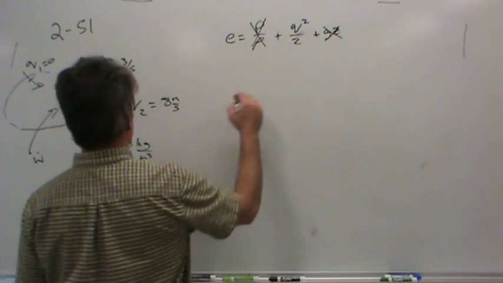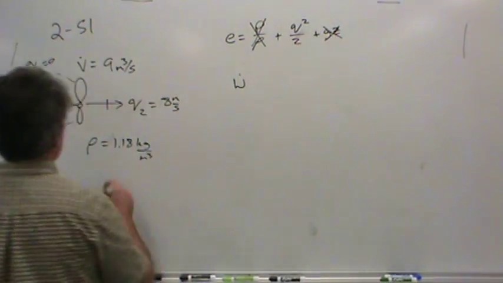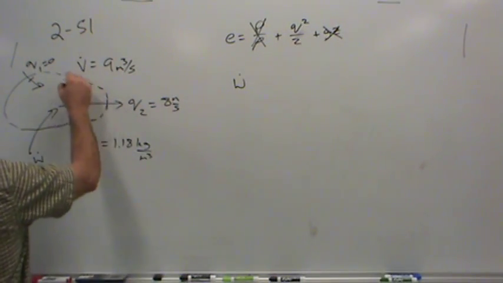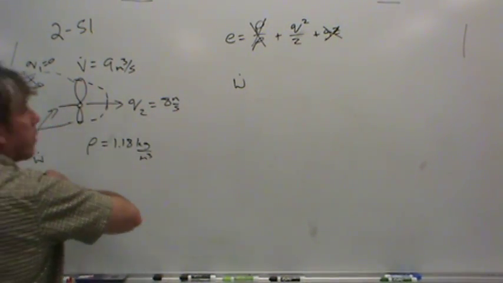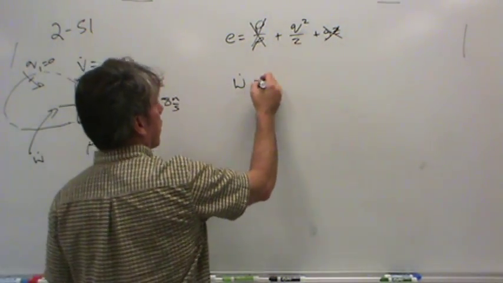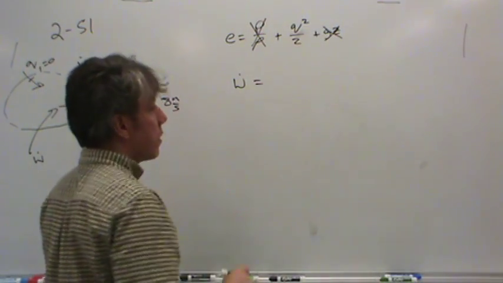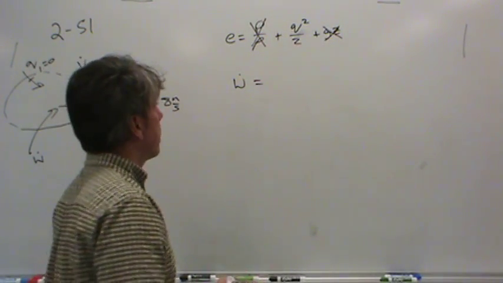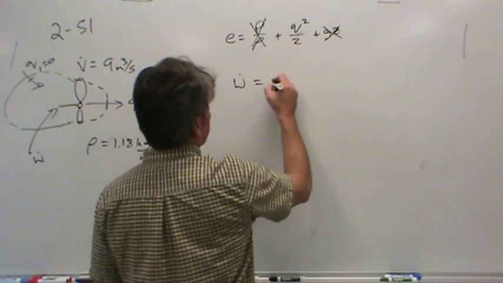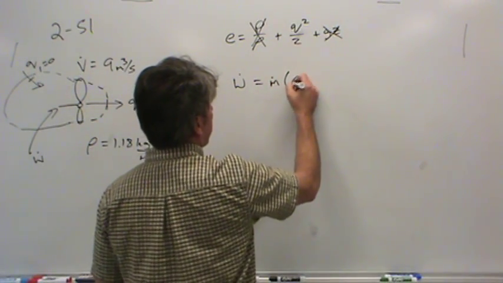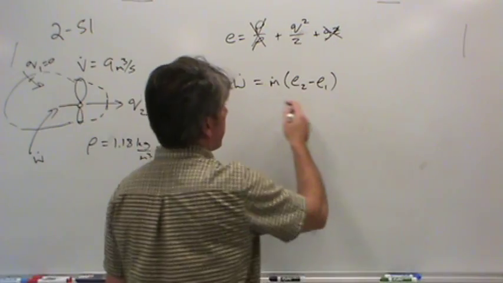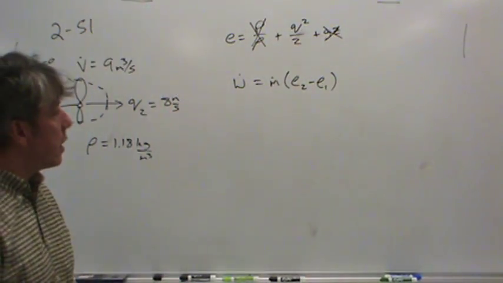And so if we were to write an energy balance for this, so we take our system, it'll be something like this. How much power do we have to put into this system to get this to work? Well, all of the power that goes in, ideally, will accelerate the fluid. And so we'll basically give energy to the fluid. So that would be the energy of state 2 less the energy of state 1 times the mass flow rate of that air.